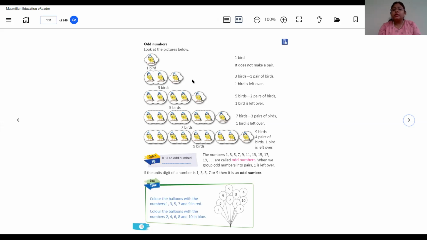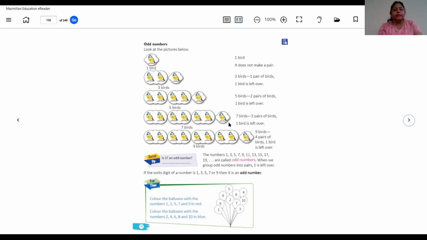That's why we call it an odd number. In the next one, again we have two pairs of birds, but one is leftover. So the total number of birds will be 2 plus 2 plus 1, that is 1, 2, 3, 4 and 5. So that's why it will be an odd number.